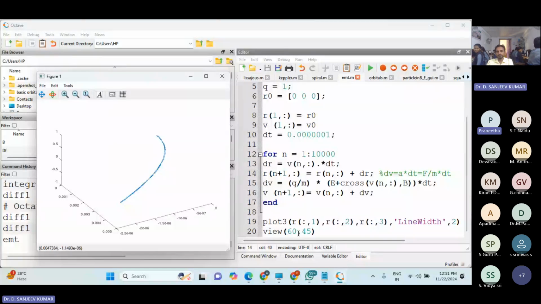So with that, we have covered differentiation, differential equation solutions, and we have seen Kepler orbits, space-time diagrams, charged particle motion in electric and magnetic fields, different types of orbitals, and Fourier series.